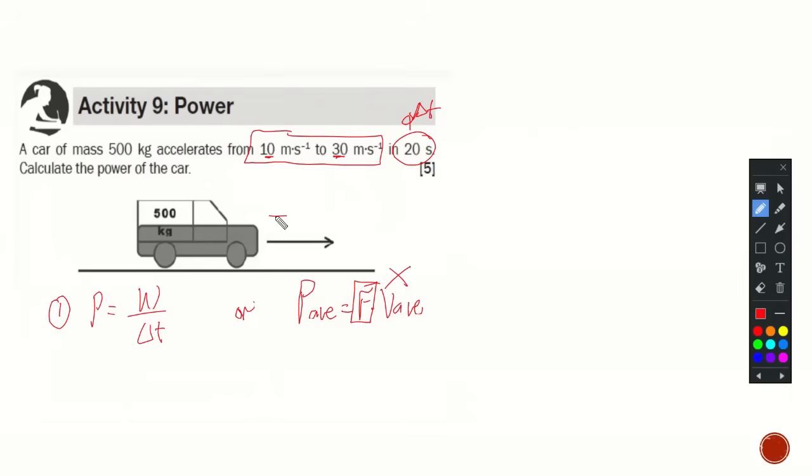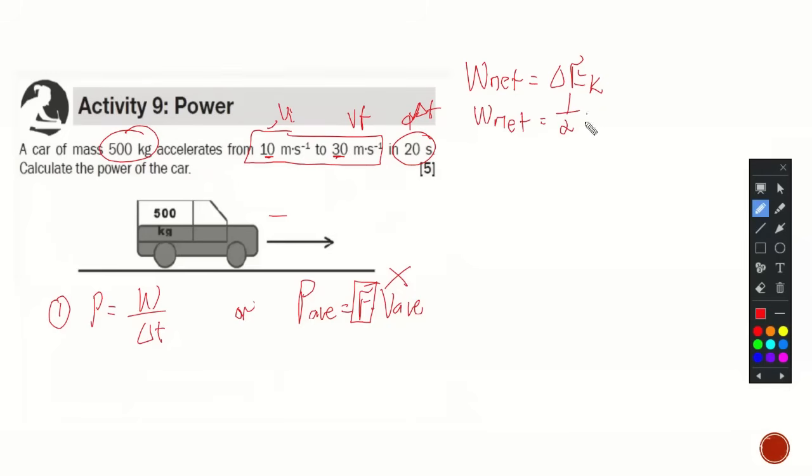Therefore, the first thing we need to calculate is the net work done on the object. We can calculate that simply by saying W net is equal to change in EK. Remember, we already know the work energy theorem: the net work done on an object is equal to its change in kinetic energy. We have the initial velocity and the final velocity, and we also have the mass, meaning we can easily calculate the change in EK of this vehicle, which will give us the W net.